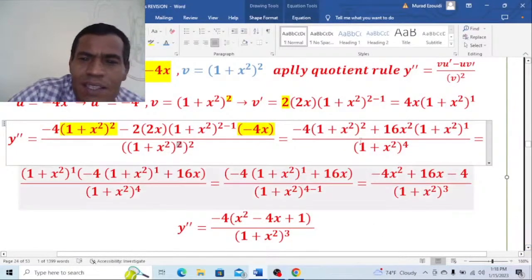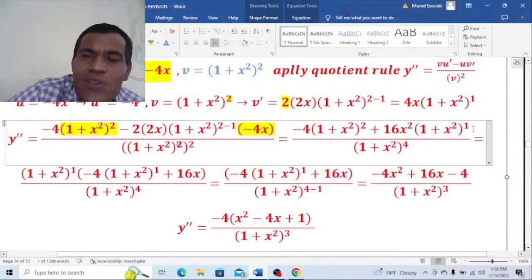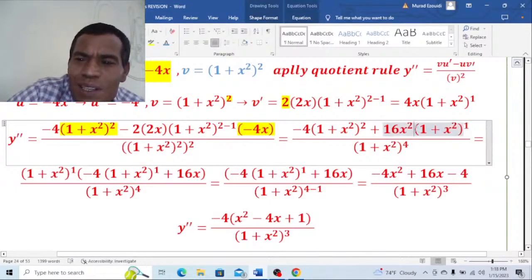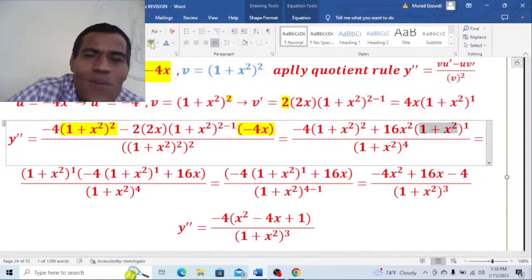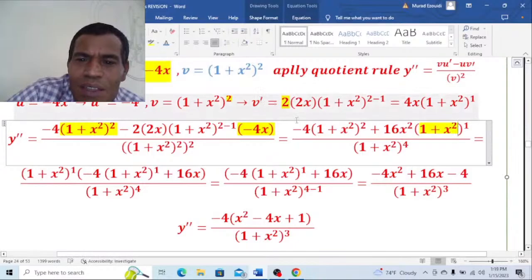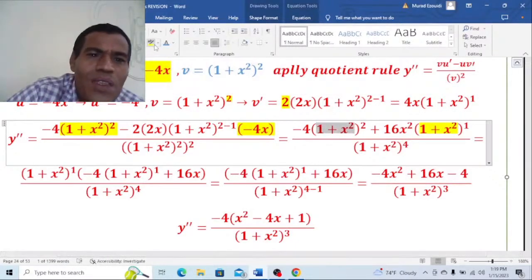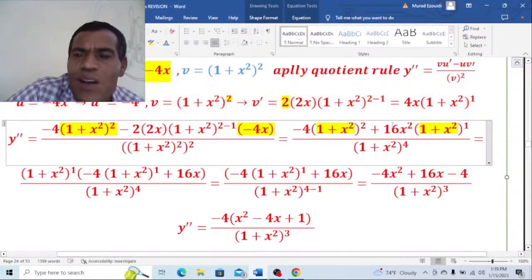I will continue solving this question. You can see that 1 plus x squared here and here is a common factor. I will put it outside the brackets. This one, learners, is a common factor, and this one also is a common factor, but the first one is raised to the power 2 and the second one is raised to the power 1, so I should take this one.